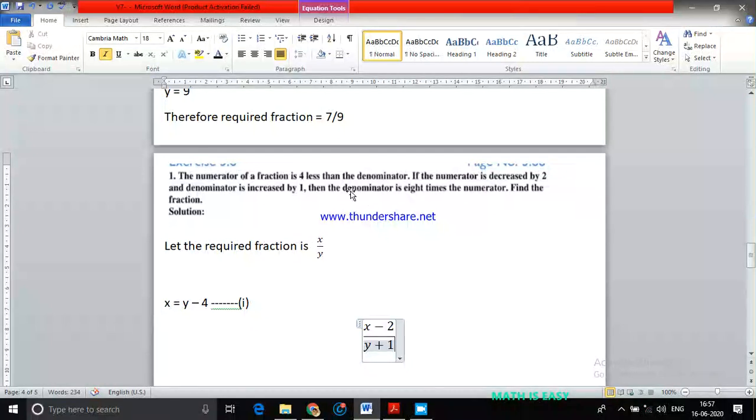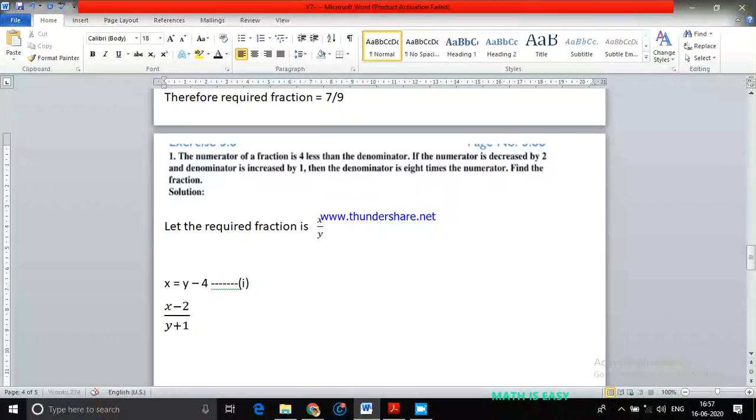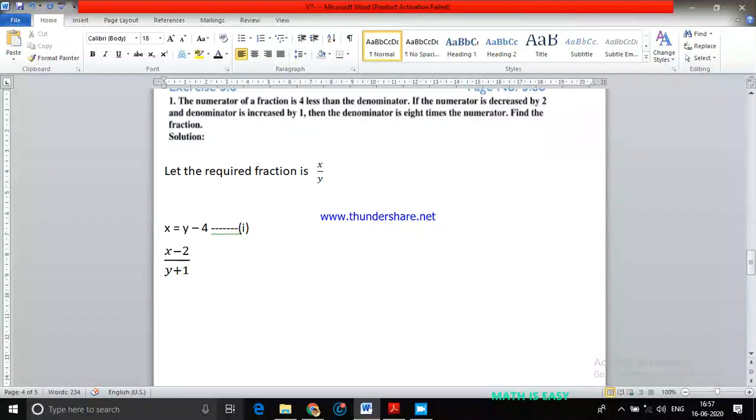So after doing these changes, the new denominator is 8 times the numerator. This is the change that comes after decreasing the numerator and increasing the denominator. Now what is the change coming here? Denominator means y plus 1 equals 8 times, multiplication, the numerator.